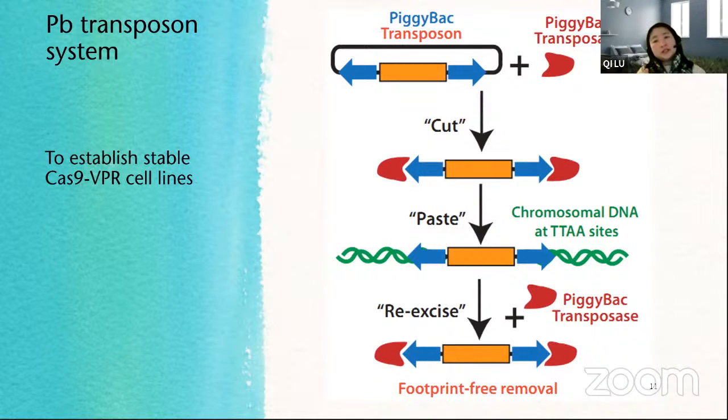Generally speaking, you transfect the plasmid, and along with the transposase, which is an enzyme that can cut the target sequence from the vector, then insert it into the genome of the target cell. In this way, they can generate a stable cell line.